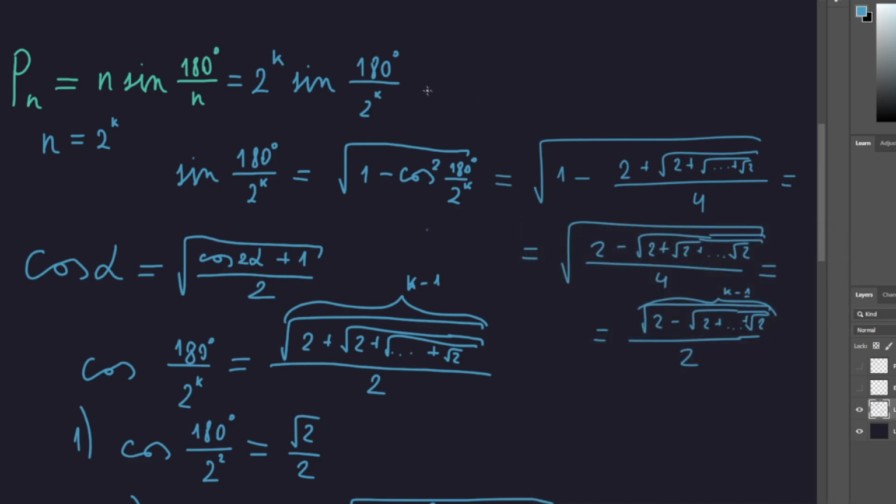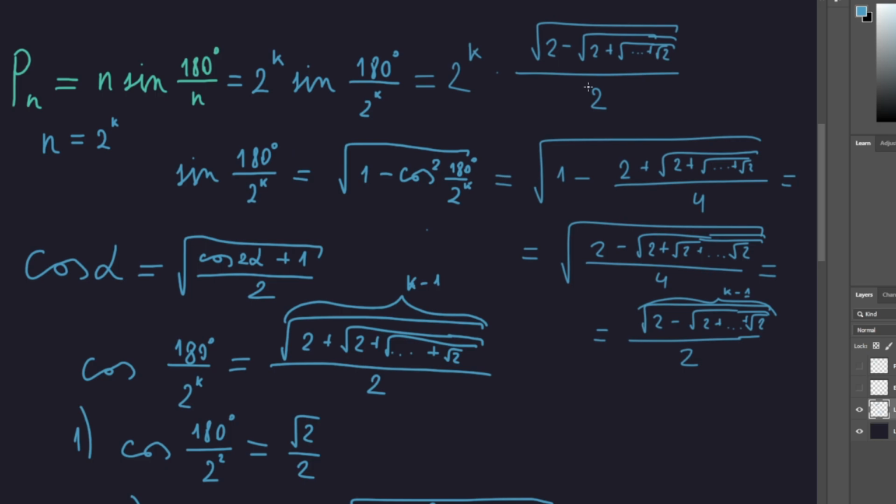Now let's see what we get as a perimeter. We will get exactly 2 to the power of k multiplied by this whole thing, 2 minus square root of 2 plus so on and so forth, square root of 2 divided by 2.